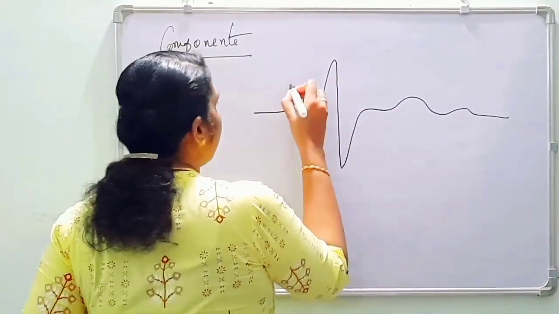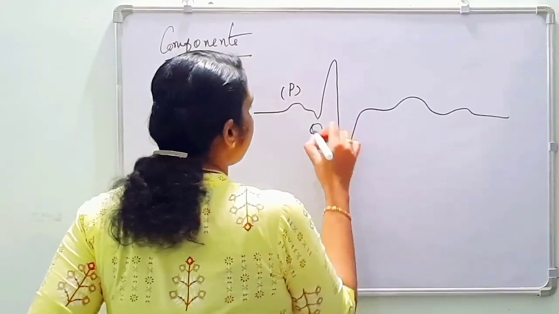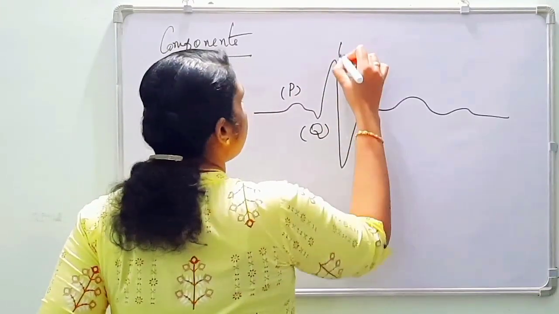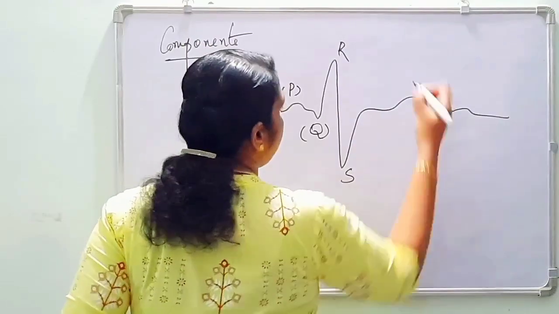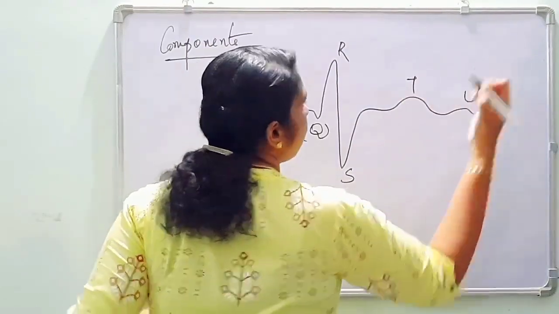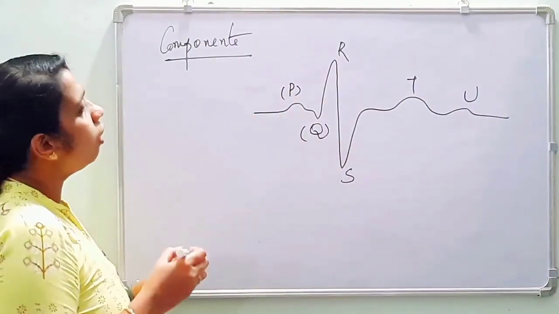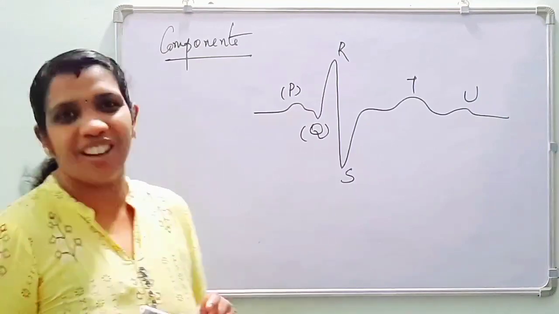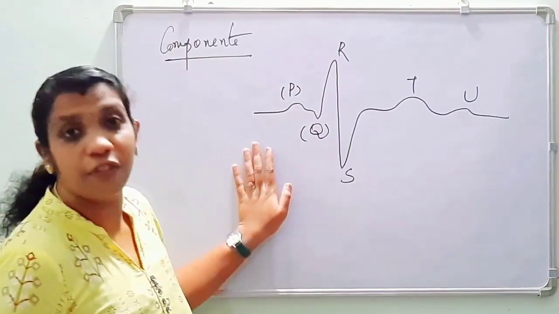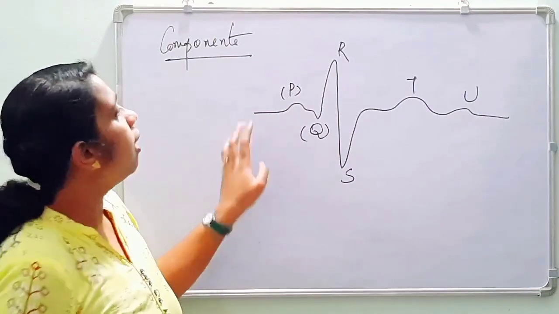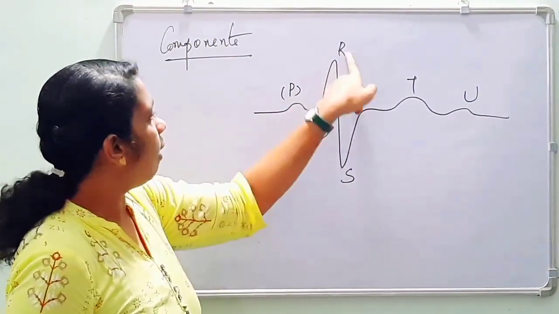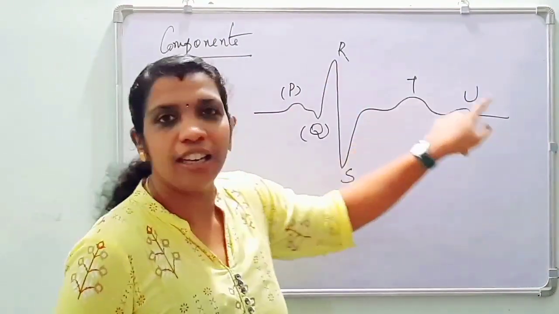So this is the P wave, this is Q, this is R, this is S, this is T, and this is U. Okay, so there are 6 waves, that is 6 deflections in ECG: P, Q, R, S, T, and U.